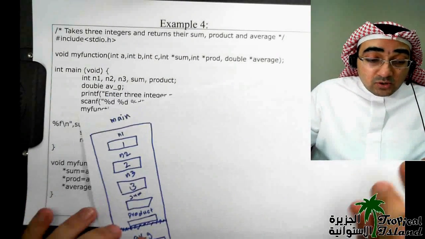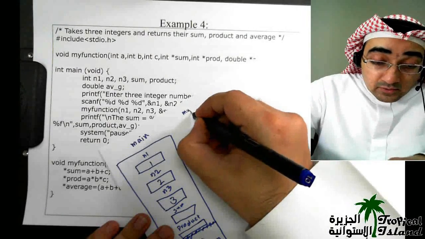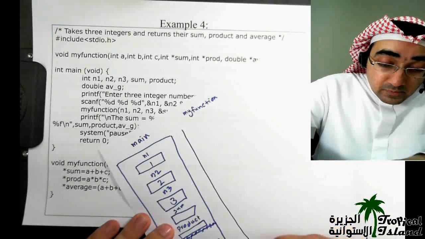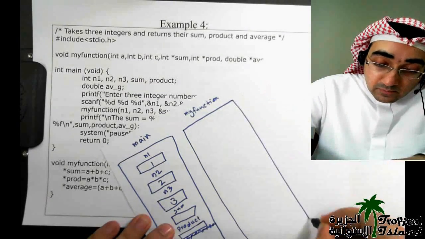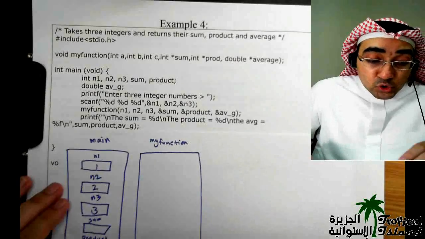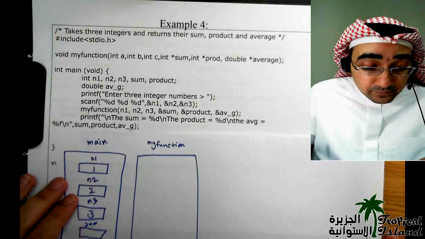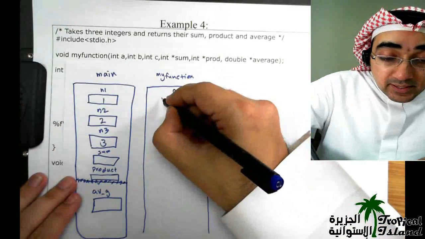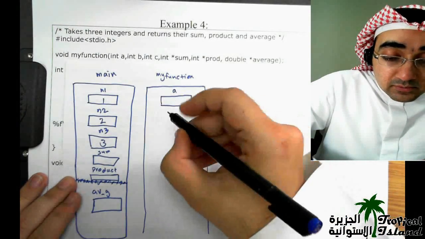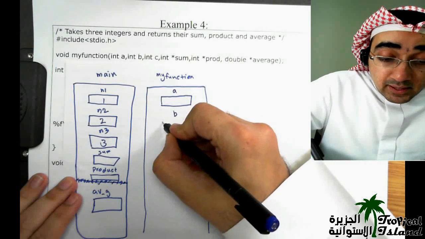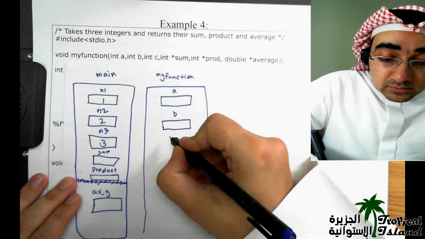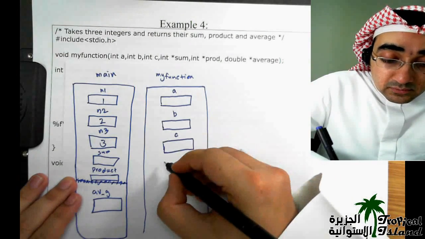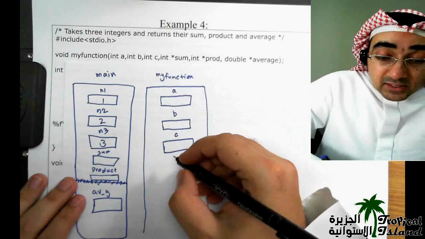Now I have a function called, and over here I have my function. I'm going to use short notation over here again. Let's go to the header. It has a as a variable, b as a variable, and c as a variable, and then it has integer pointer sum.